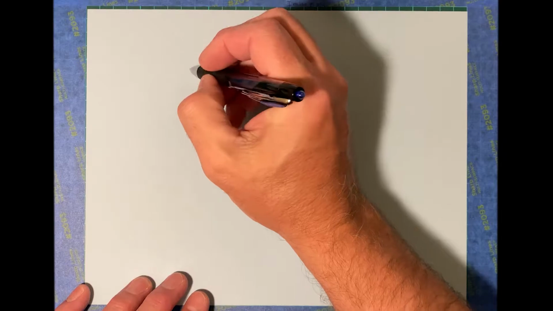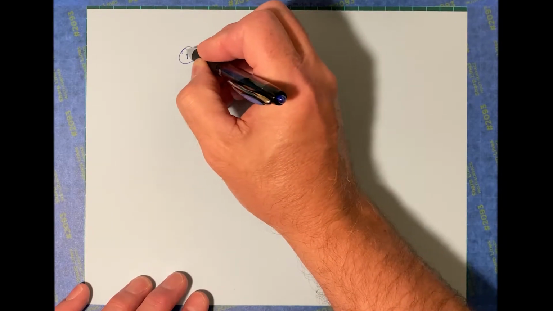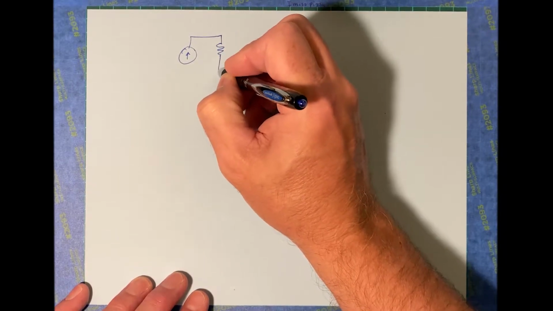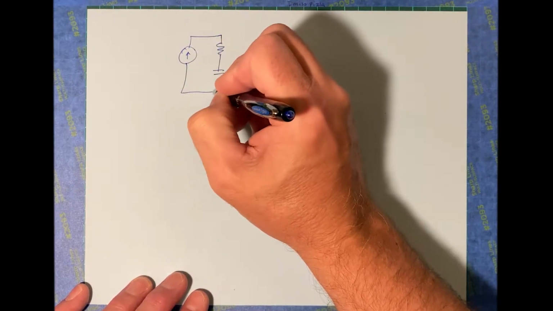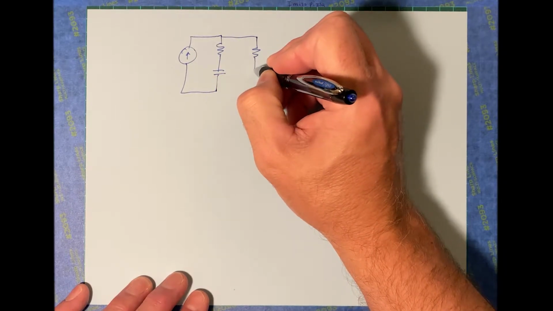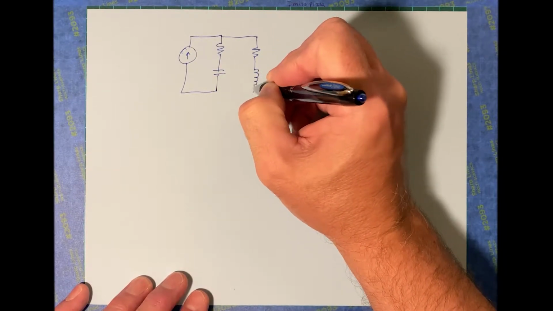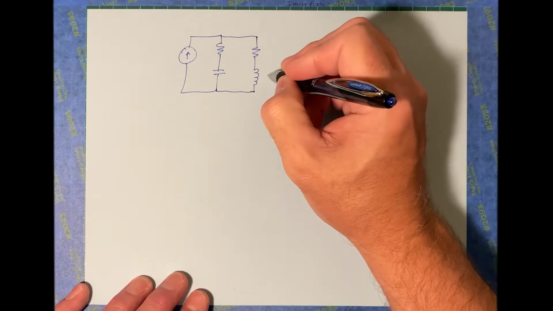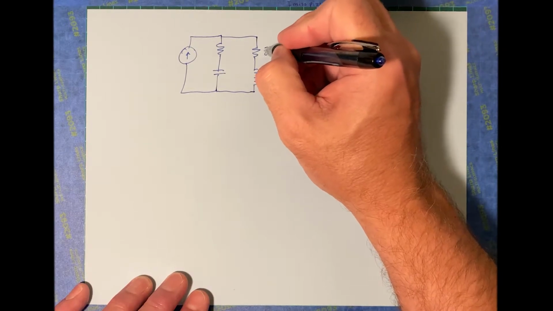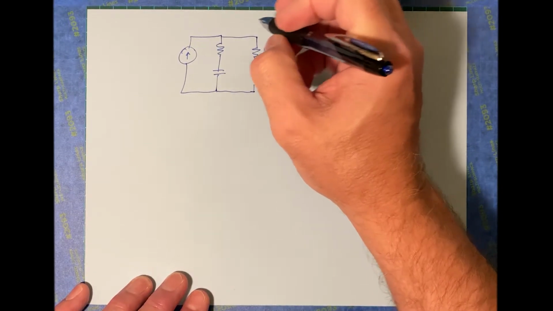Okay, we're going to work a couple of problems in sinusoidal steady state. Let's begin with this one right here. So I have a current source that's going to be sinusoidal in nature, a resistor, capacitor, and let's put a resistor inductor over here. Give these some values: 48 millihenry, 80 ohm.